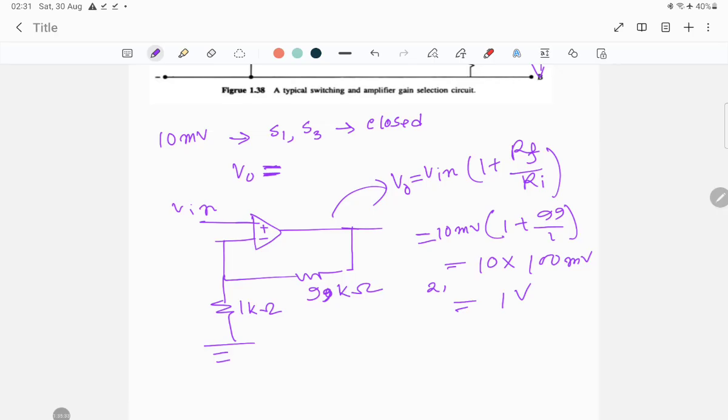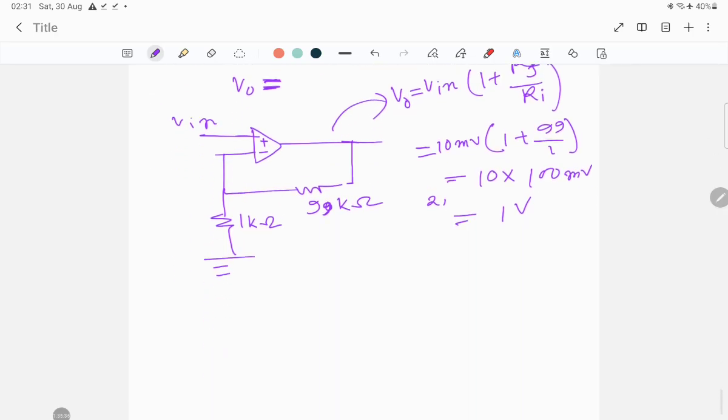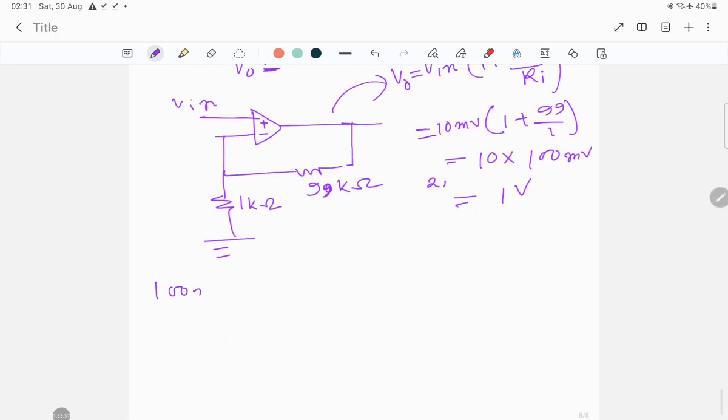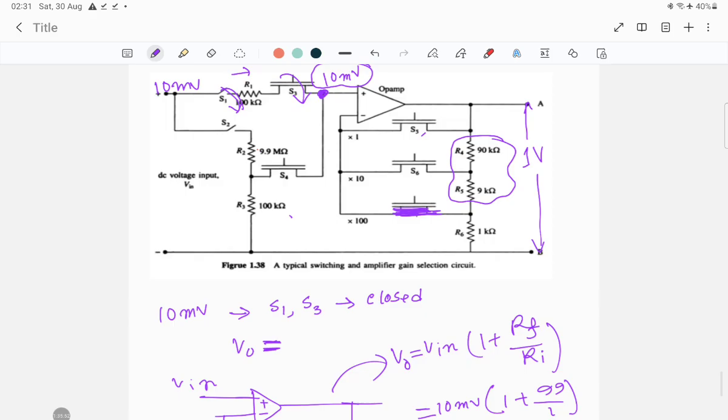Now if you select 100 millivolt, how can we create 1 volt? We definitely need to select the gain factor of 10.